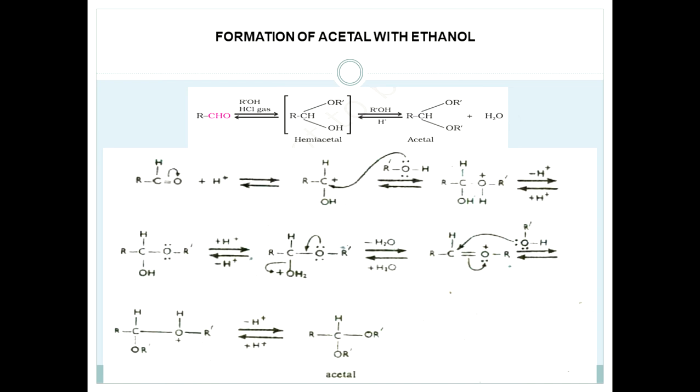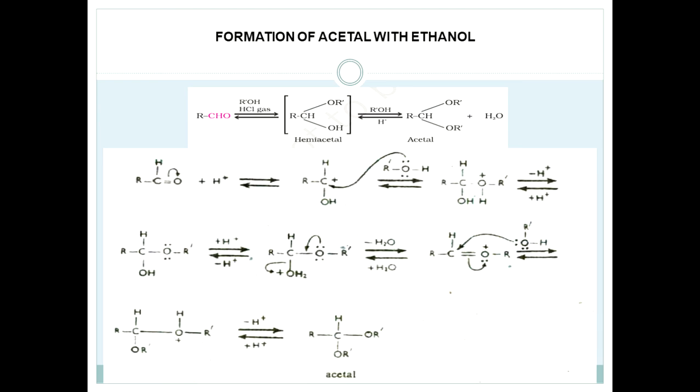So let us know the mechanism of formation of acetal. In this mechanism, first addition of proton occurs, and in the second step nucleophilic addition of alcohol and deprotonation take place, and an unstable hemiacetal is obtained.